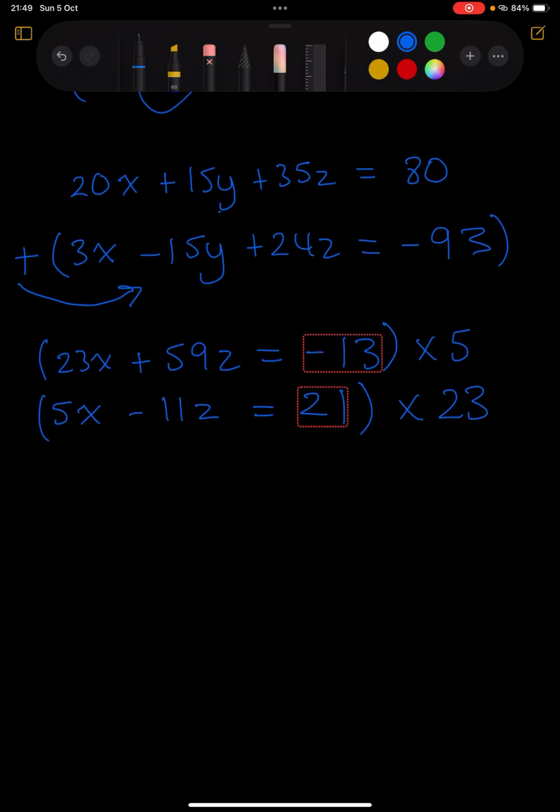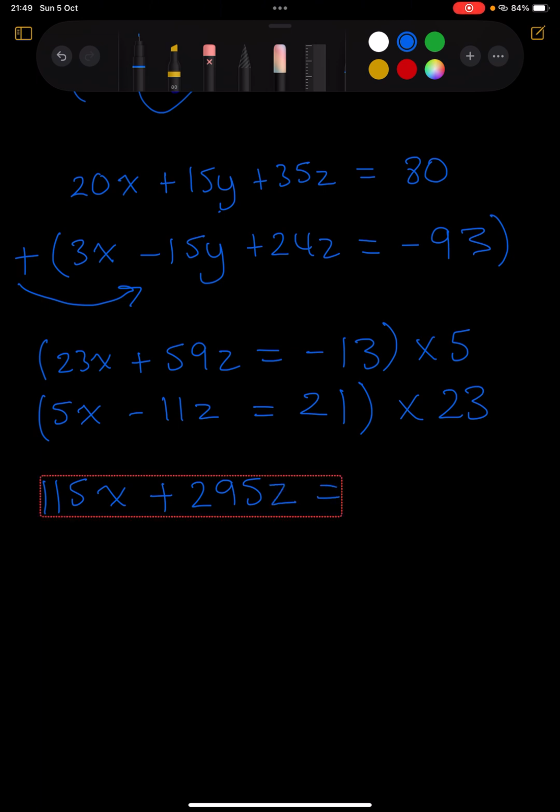So 23 times 5 gives me 115x. 59 times 5 gives me plus 295z. And then minus 13 times 5 gives me minus 65.